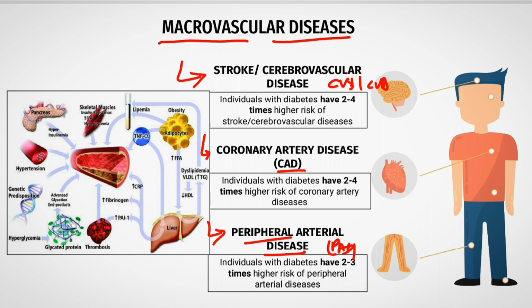It has been noted that individuals with diabetes have a 2 to 4 times higher risk of developing stroke or cerebrovascular disease, 2 to 4 times higher risk of coronary artery disease, and 2 to 3 times higher risk of developing peripheral arterial disease.